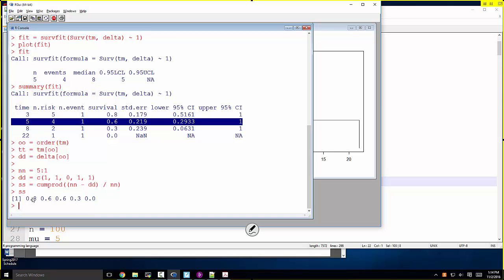We have 0.8 at time 3, 0.6 at time 5. This 0.6 is the same as the previous one. This is at time 6, so it doesn't even have to be shown because it's the same as the previous one. That's why R doesn't show it. 0.3 at time 8, and then it drops all the way down to 0 at the final time point where we saw the final death.